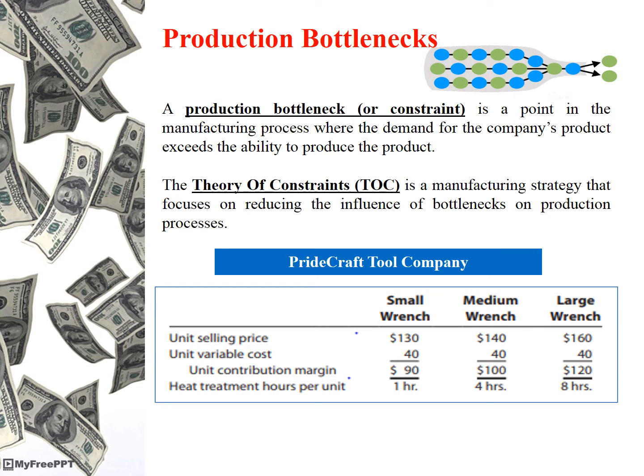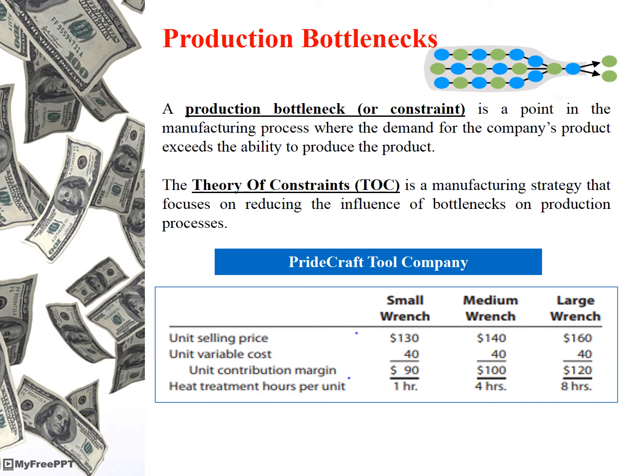Production bottlenecks. A production bottleneck or constraint is a point in the manufacturing process where the demand for the company's product exceeds the ability to produce the product. The theory of constraints, or TOC, is a manufacturing strategy that focuses on reducing the influence of bottlenecks on production processes.